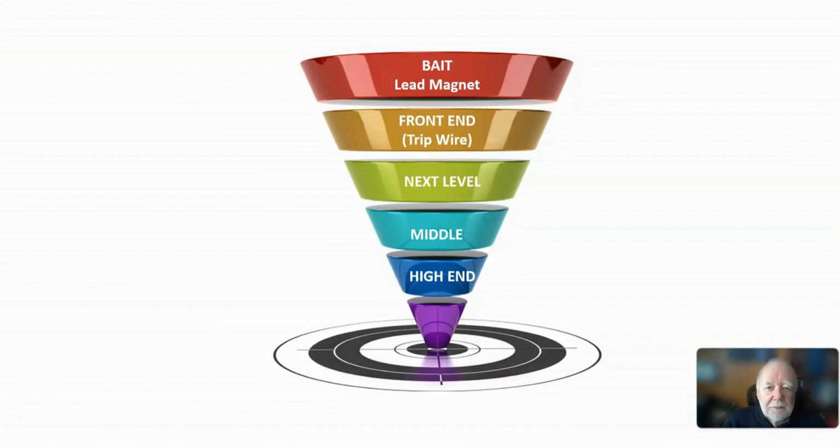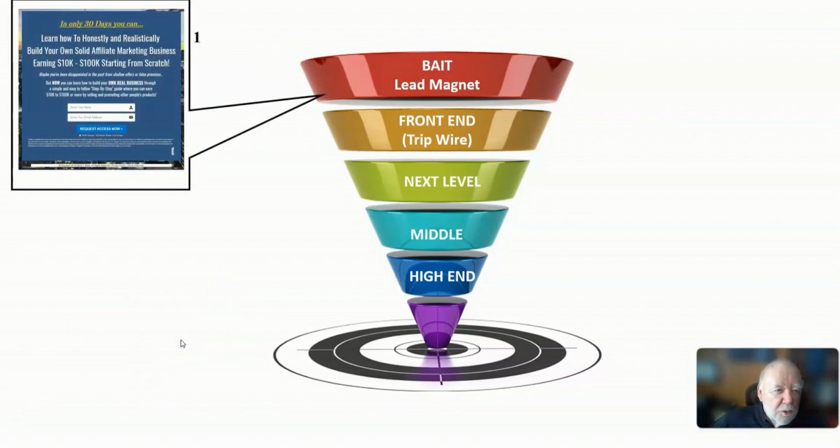You have a lead magnet, a front end, which is also called a tripwire. Then you have your next level, your middle level, and your high end. So a bait or lead magnet is usually a free giveaway, a free item, maybe a free training video, or a free PDF, or some kind of download, some kind of content the prospect can consume for free.